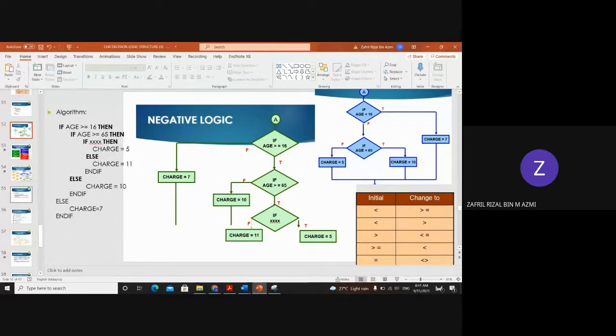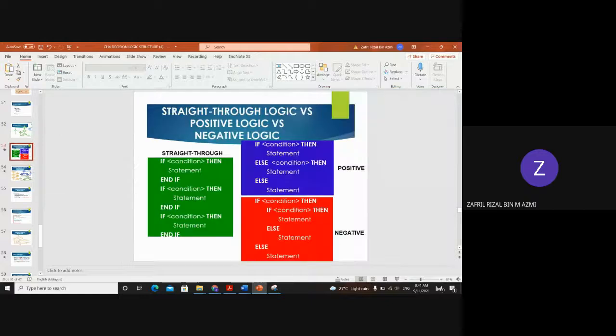Alright, so no question. In general, this is a comparison, side by side. Straight through logic, independent, if without else. Then we have straight through logic, if else, if else if, and ended with else. Of course, we have endif.